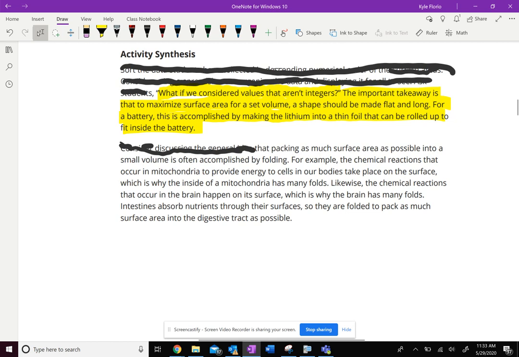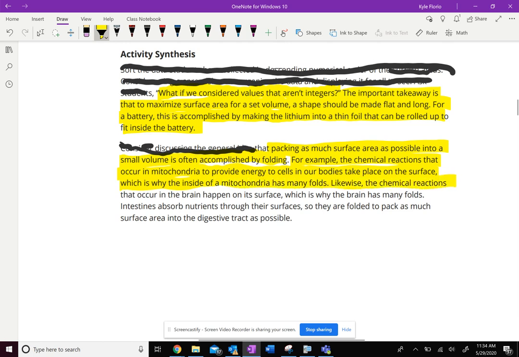So the point here is that we can pack as much surface area as possible into a small volume, and we can do that by folding. So like if you were to have a lithium-ion battery, not even just with that, but for example, the chemical reactions that occur in the mitochondria to provide energy to cells in our bodies take place on the surface, which is why the inside of the mitochondria has many folds.